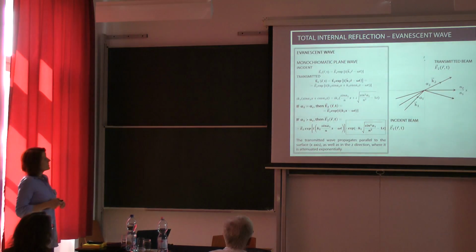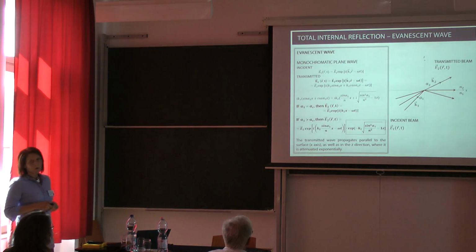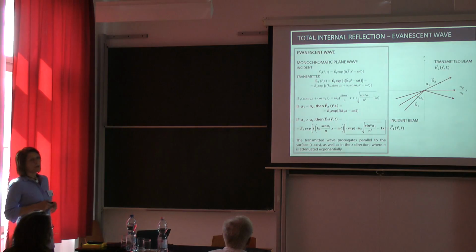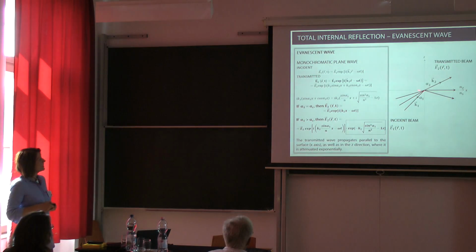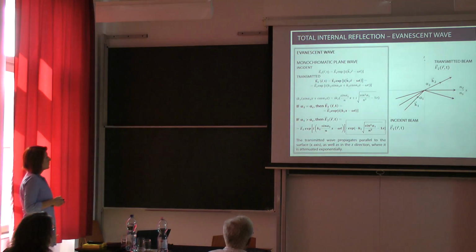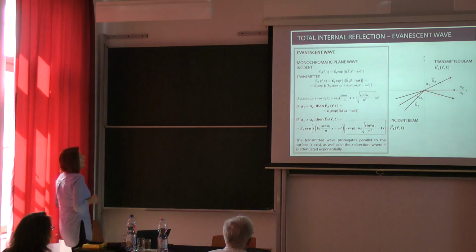So simply considering that we decompose the electric field into two directions. One direction is parallel to the boundary of the two surfaces. This is what we call the X. And the other one, which is perpendicular to the boundary, is what we call the Z.